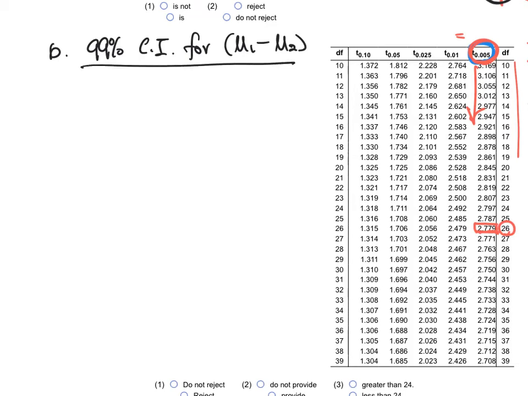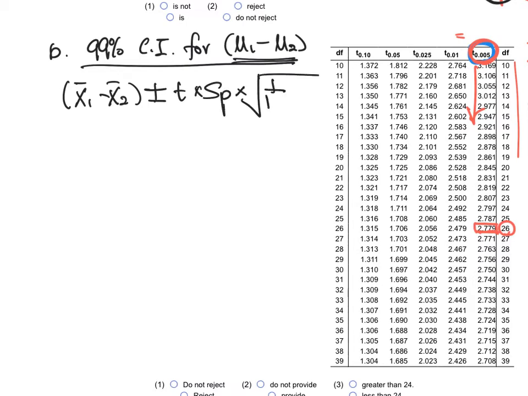The formula is to take the point estimate, x1 bar minus x2 bar, which is the point estimate for the unknown difference between the population means, plus and minus a t-score from the t-table times the pooled standard deviation times the square root of 1 over n1 plus 1 over n2.